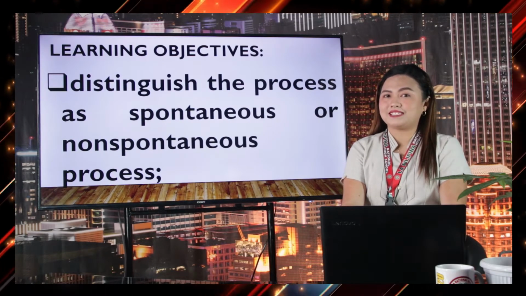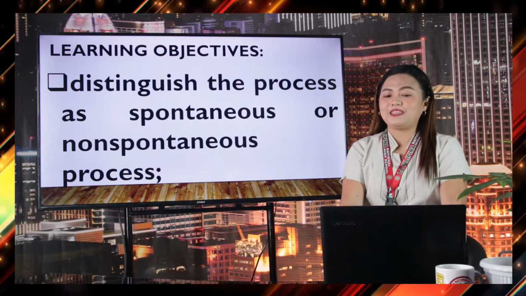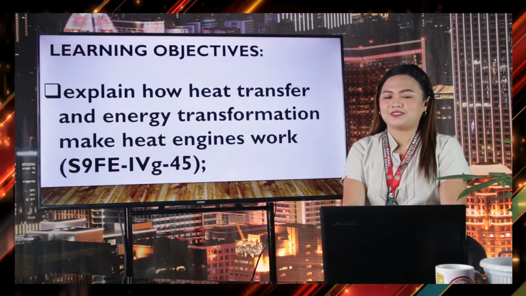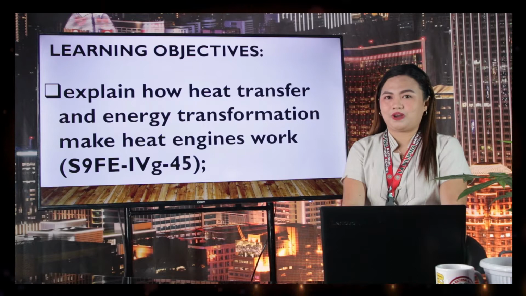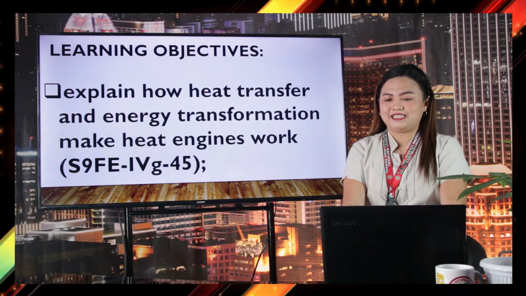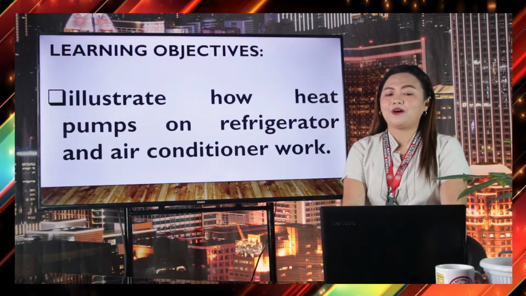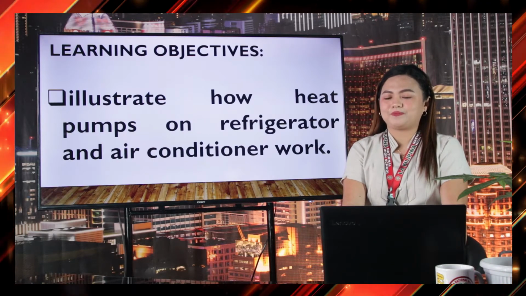Distinguish the process as spontaneous or non-spontaneous process. Number 2, explain how heat transfer and energy transformation make heat engines work, which is also our most essential learning competency. And lastly, illustrate how heat pumps on refrigerator and air conditioner work.